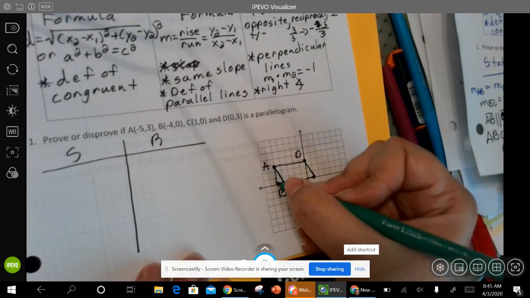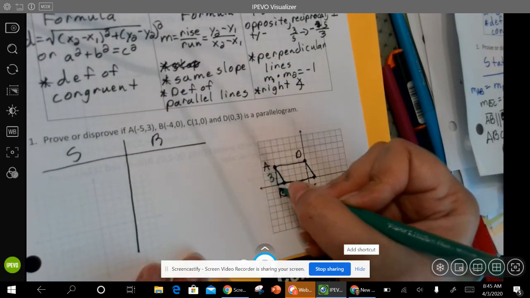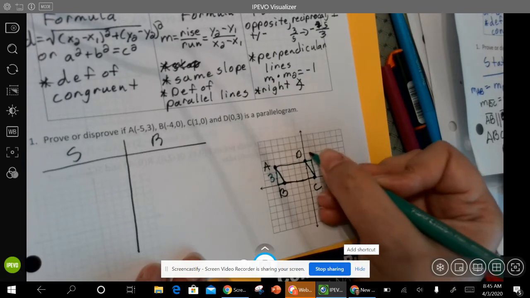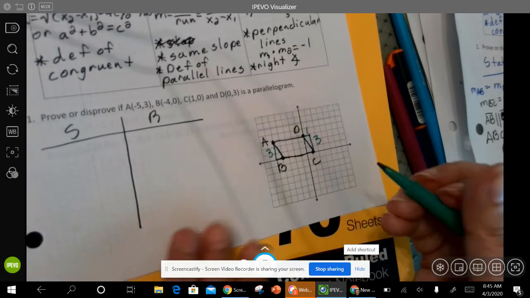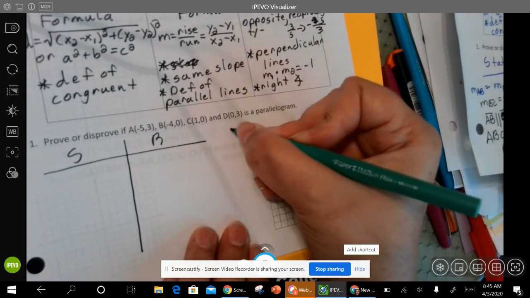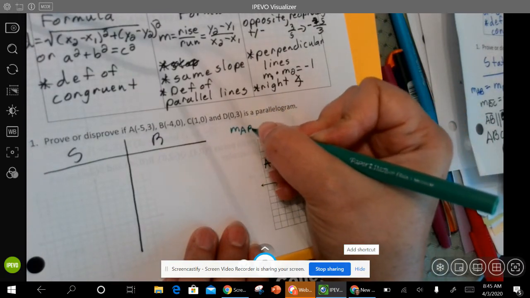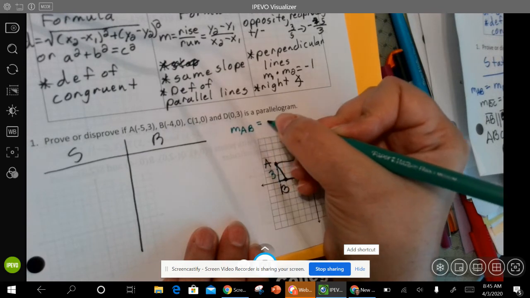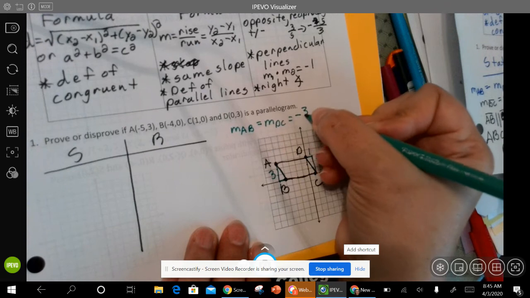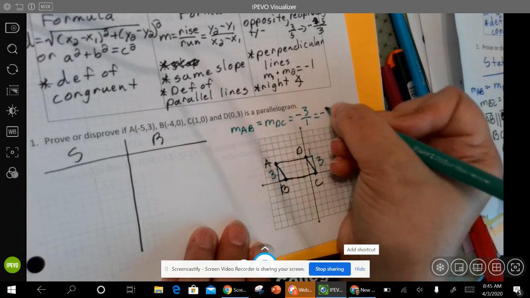So remember, if the slopes are going down, it's going to be negative. Okay, so we can use rise over run. So we go down 3 over 1. So if we're going down 3, it means it's going to be a negative slope. Okay, so the slope for AB and the slope for DC is going to be negative 3 over 1, which simplifies to negative 3.